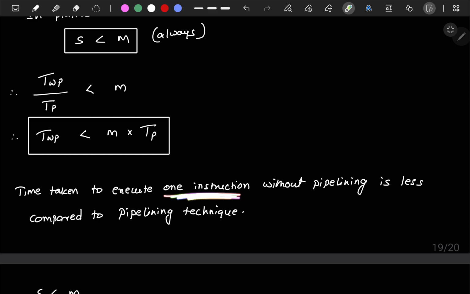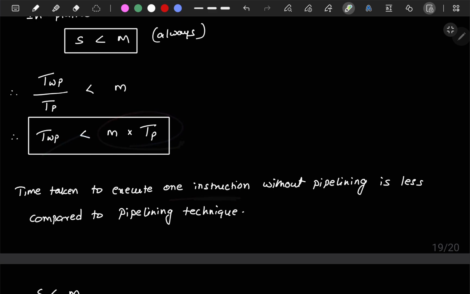This is where you have to be careful. I'm talking about only a single instruction. When you are executing a single instruction, there is no concept of parallelism. Whenever I'm executing multiple instructions, then the magic of pipelining comes into the picture. Otherwise, for a single instruction, the pipelining technique takes more time compared to the non-pipeline technique.